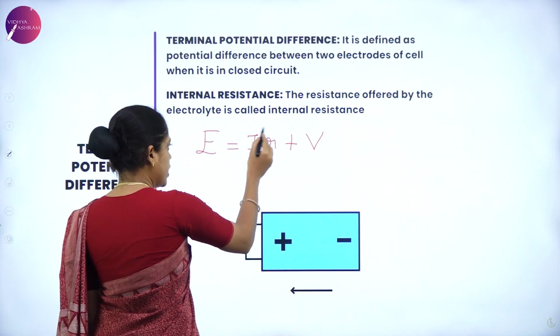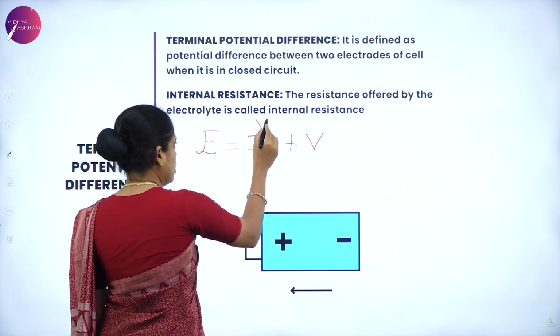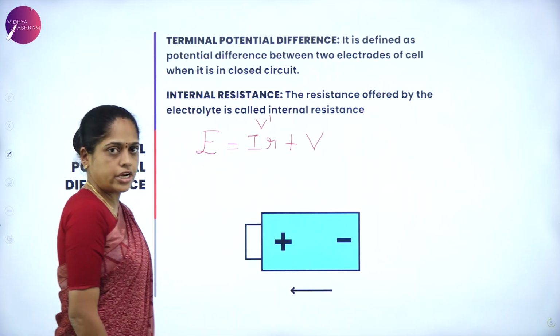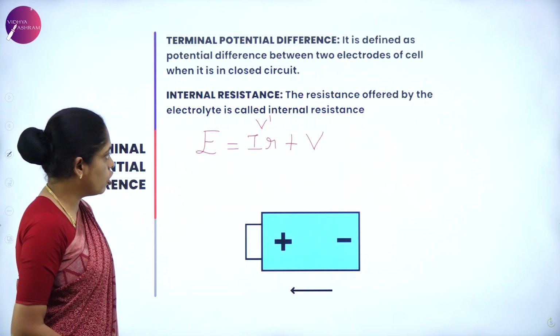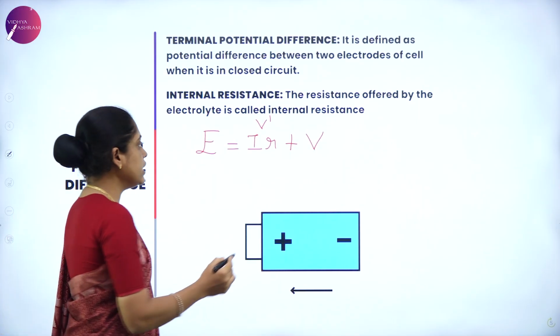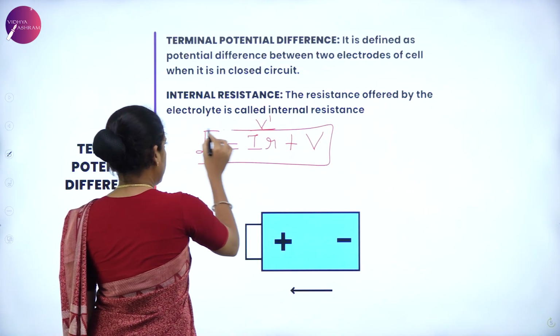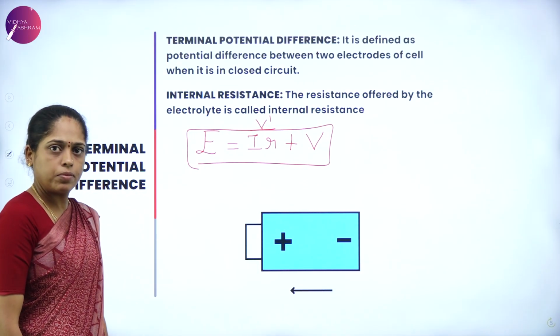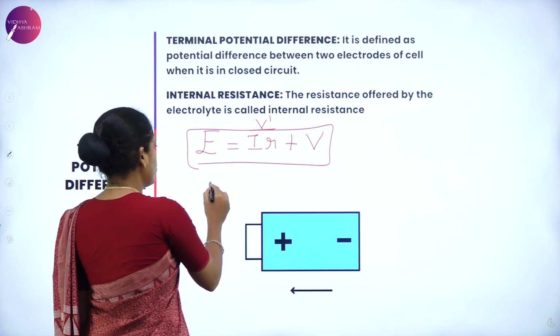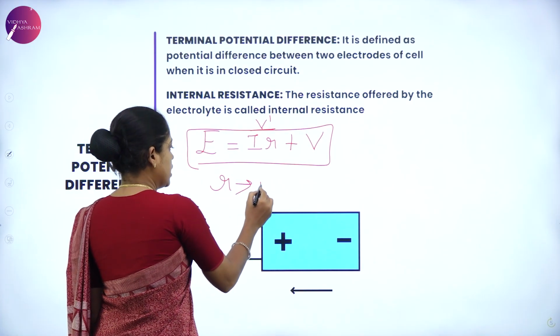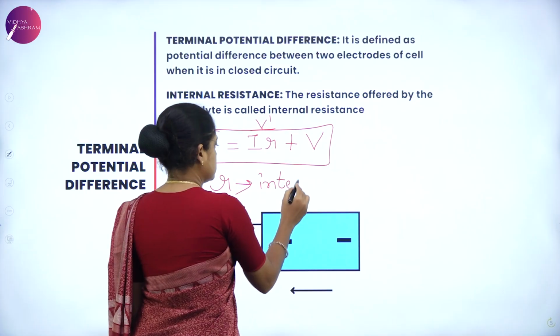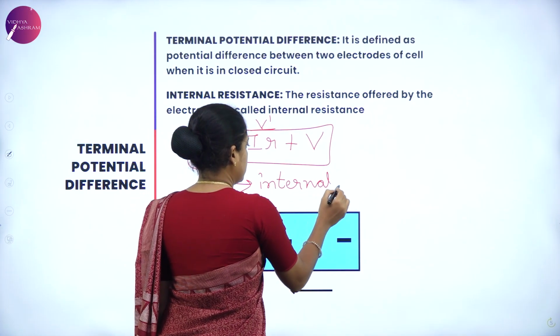I into r is the potential, let us consider it as V dash, the potential drop due to the internal resistance. Now, this is the relation between the EMF and the terminal potential difference, where small r is the internal resistance.